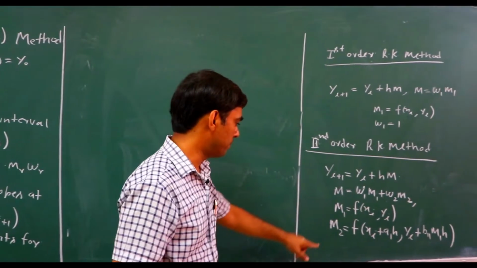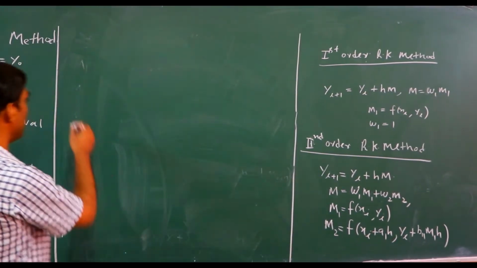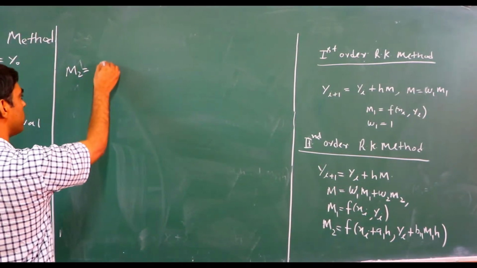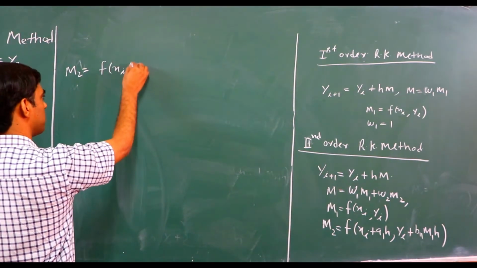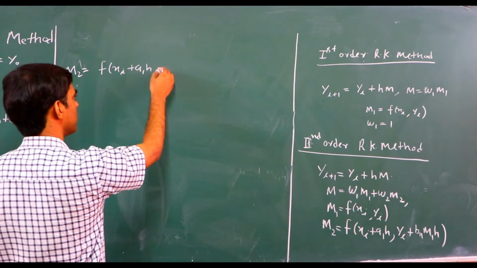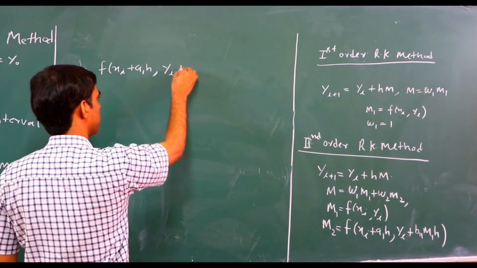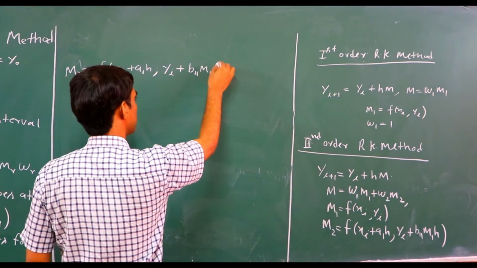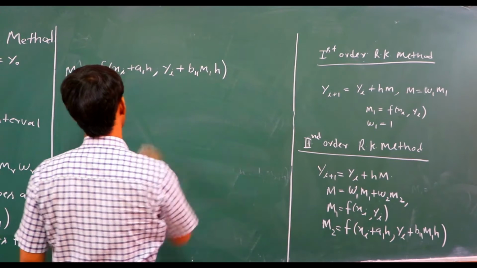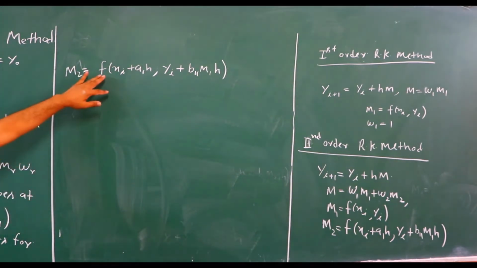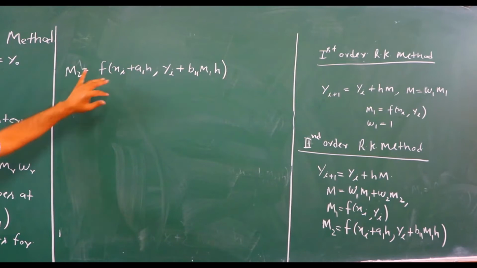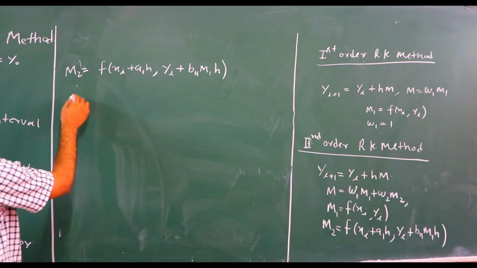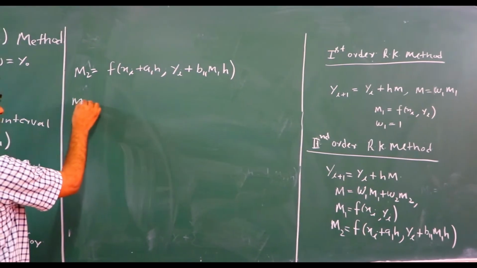If we simplify M2, M2 equals f of x_i plus a1 h, y_i plus b11 m1 h, using the two variable Taylor series expansion. What is the two variable Taylor series expansion?